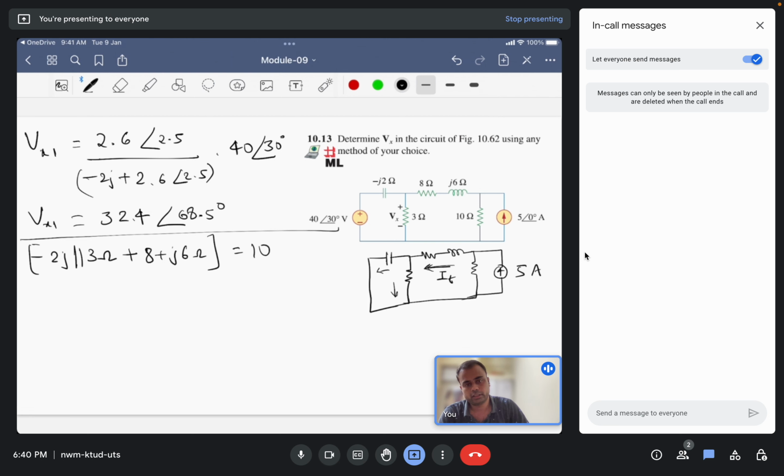This is 10 angle 27.35, and there is a 10 ohm resistor.